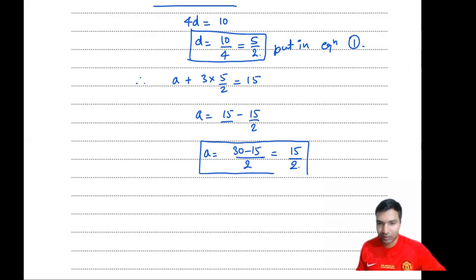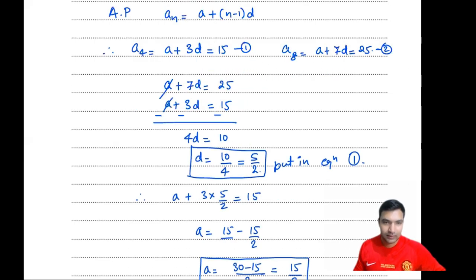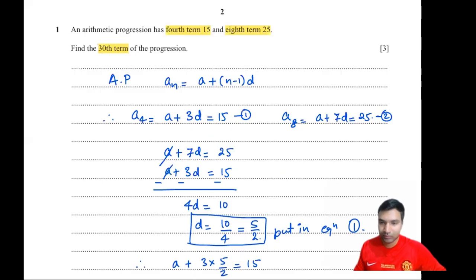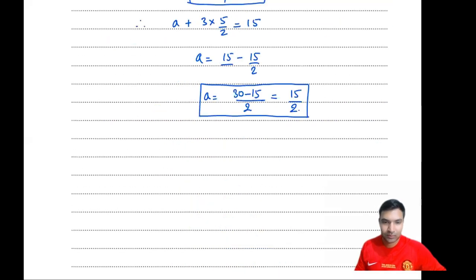Now we need to compute the 30th term of the progression. So a30 would be a plus 29d, which is 15 over 2 plus 29 times 5 over 2.